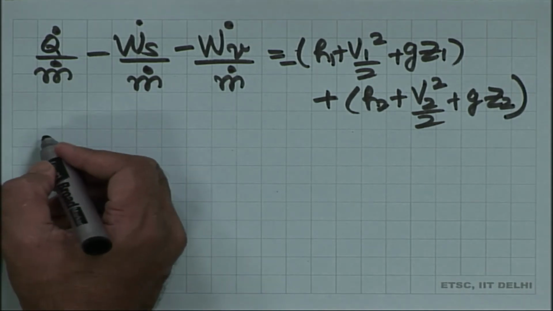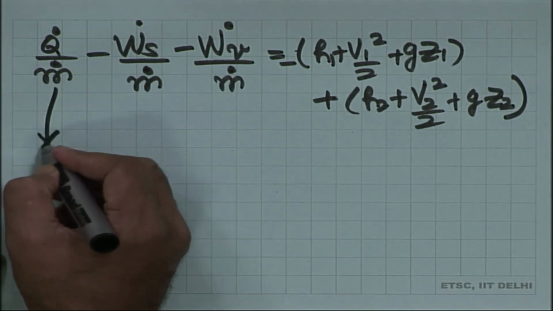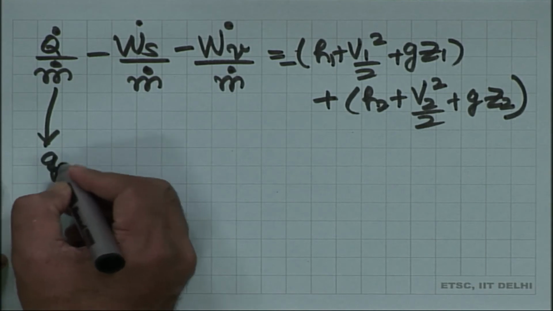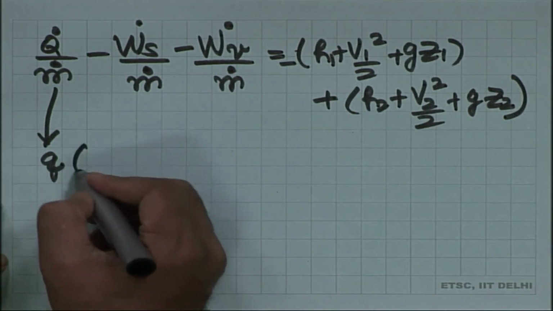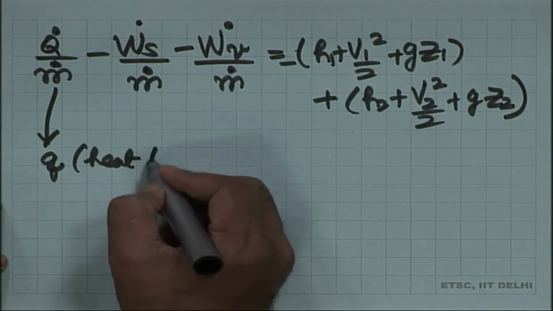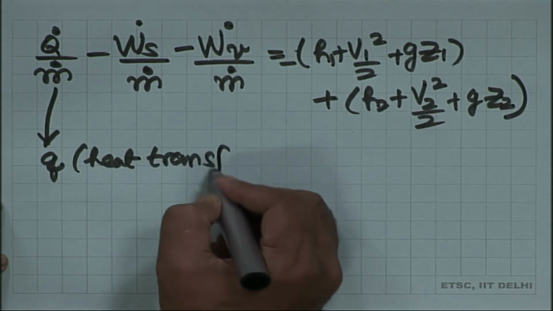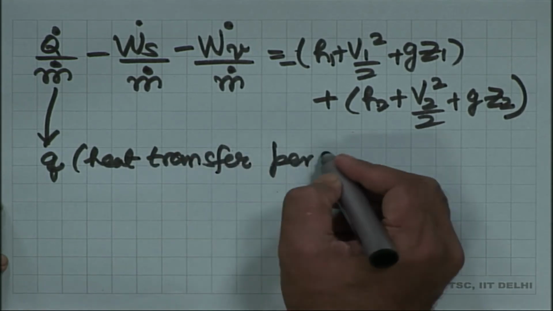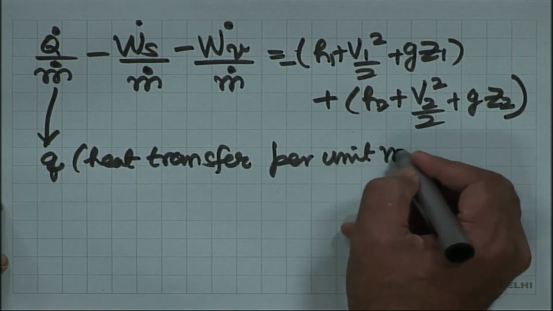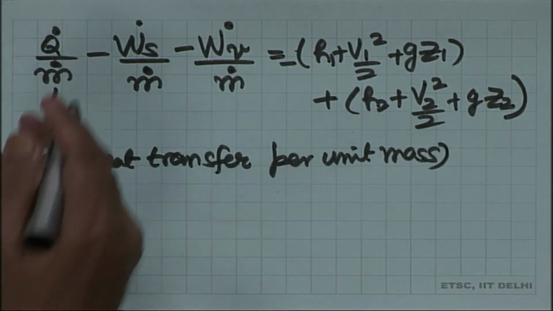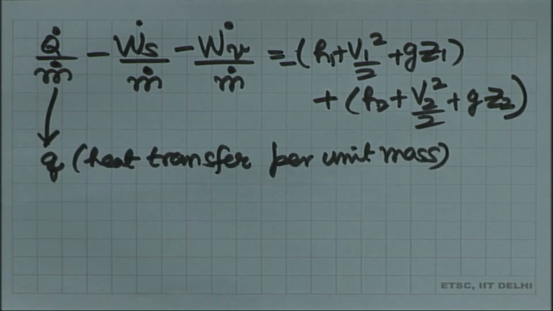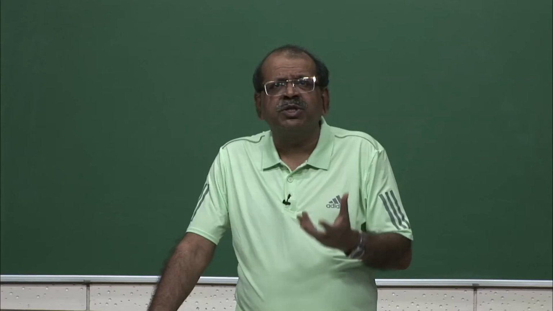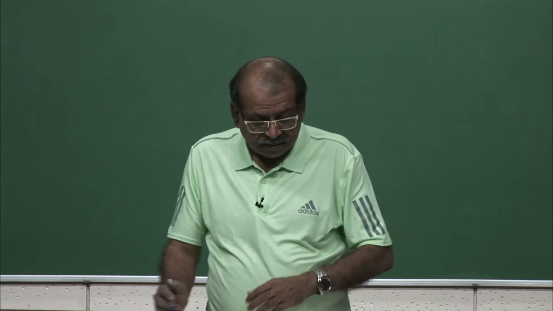Now, here q dot by m dot, I can use a symbol small q. This is the heat transfer per unit mass. See, what I have done is q dot was a rate of heat transfer, I divided by m dot. So, both the rates go away and it becomes the amount of heat which is transferred per unit mass.